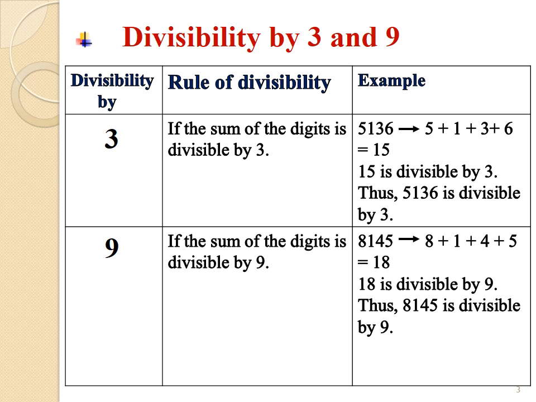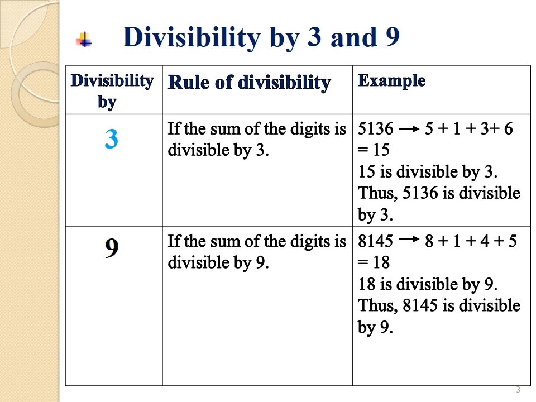Divisibility by 3 and 9. Divisibility by 3. A number is divisible by 3 if the sum of its digits is divisible by 3. Example, 5136.